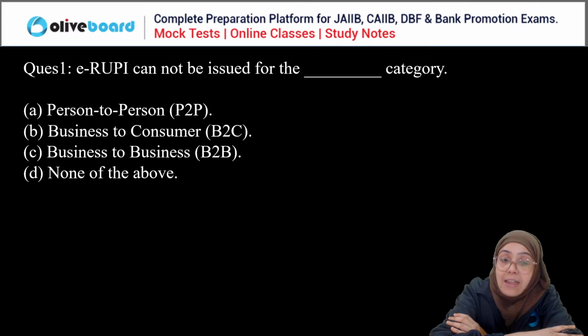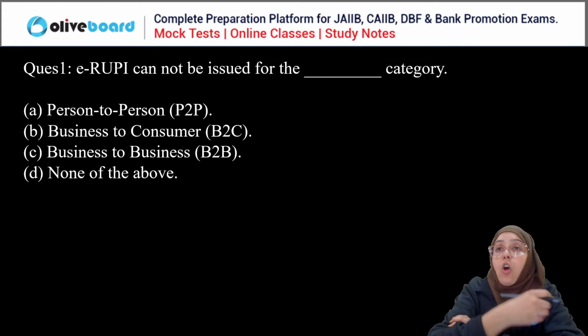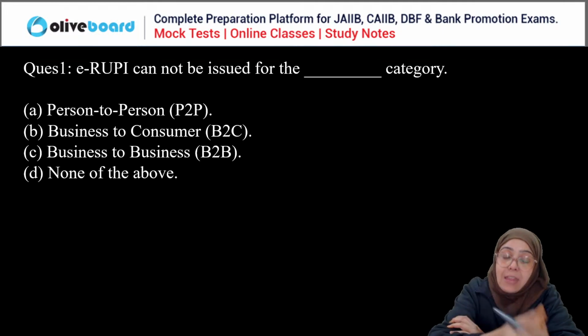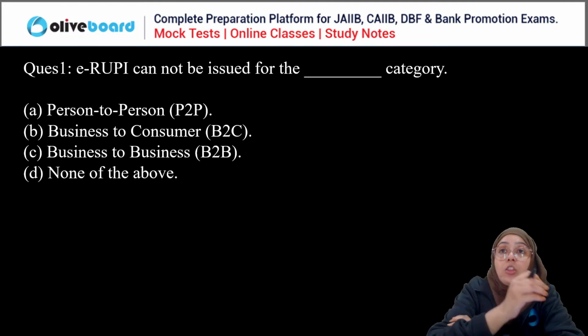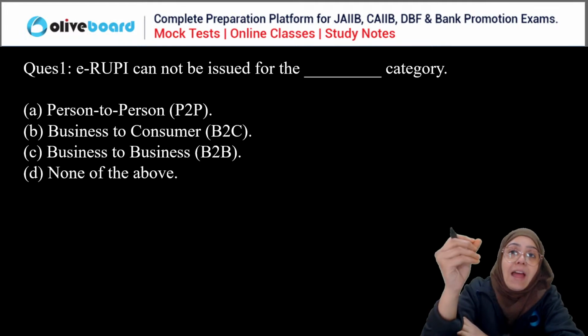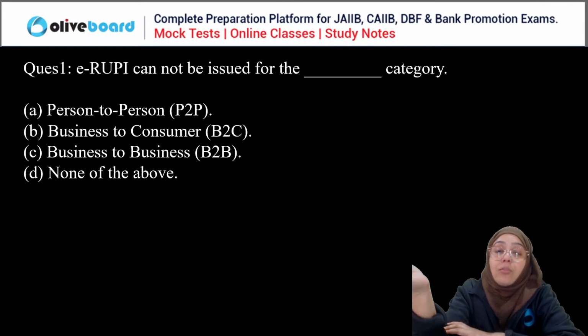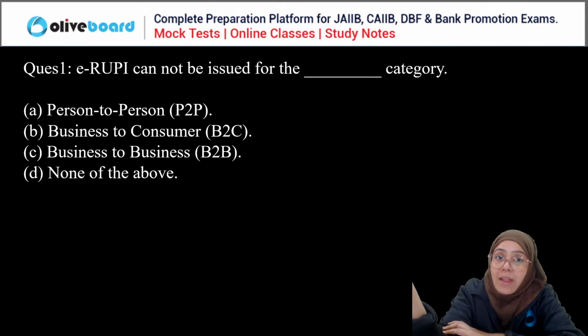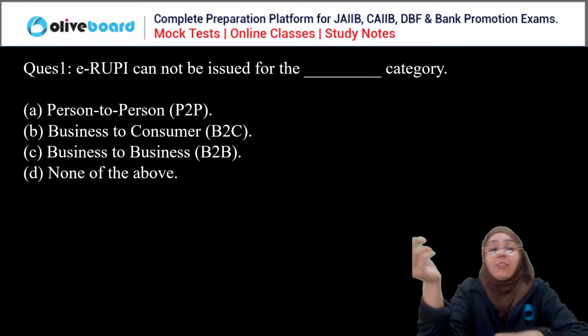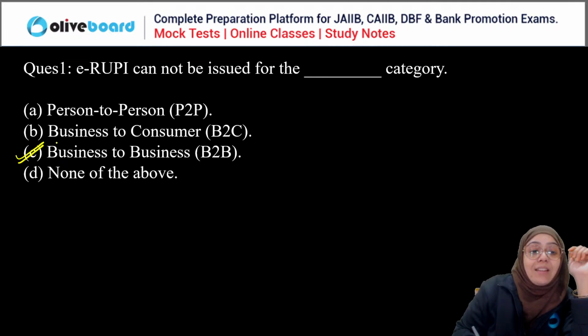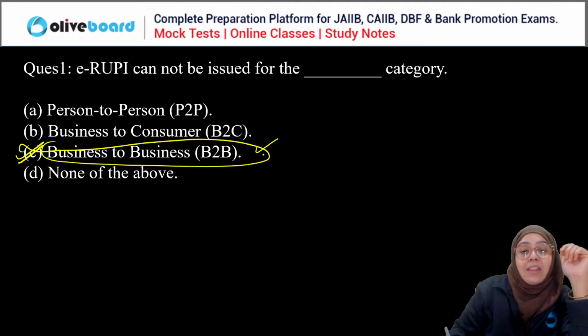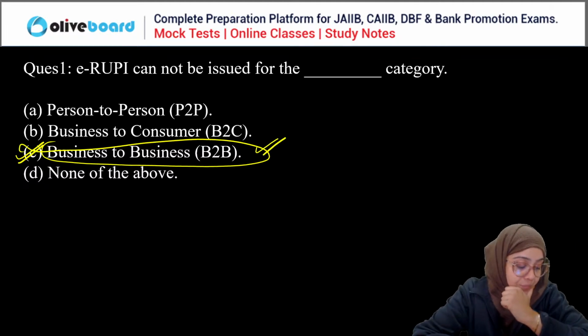NPCI, the National Payments Corporation of India, is regulating the e-rupee. E-rupee is like an e-voucher which is delivered to your phone or via email, or it is like a QR code where you go to a designated merchant, scan that voucher and avail your services against the e-voucher value. That is the concept of e-rupee. So e-rupee is not issued for business to business, which means C is the correct answer here.